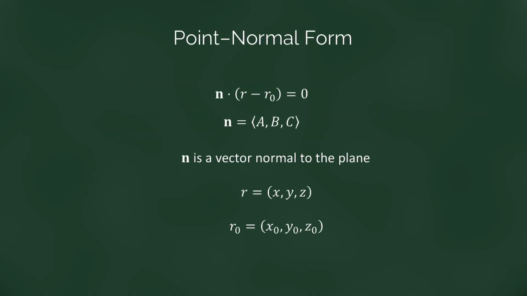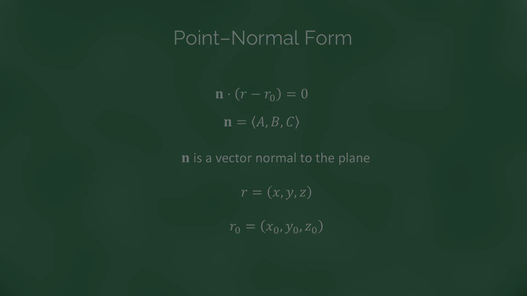So the point-normal form for the equation of a plane is going to be some vector n, that's our vector that's normal to the plane, times the quantity r minus r naught equals 0. r is just going to represent the three quantities x, y, and z that are the variables in our equation, and r naught is going to be the given point x naught, y naught, z naught.